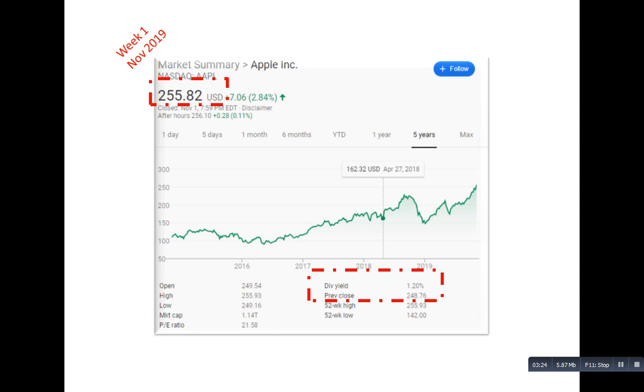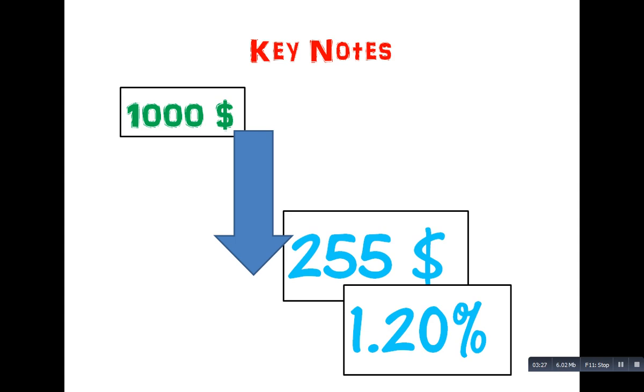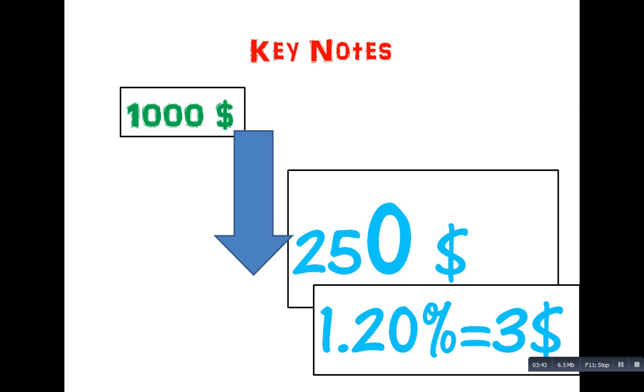Let's go to the next slide. So we are going to talk about investing approximately $1,000 into this Apple stock. As currently the Apple stock price in week one is 255, for the sake of convenience we will use a price of 250 instead, just for this video's purpose, to make things simpler to explain and understand. The 1.2% dividend gives you approximately $3 a year.